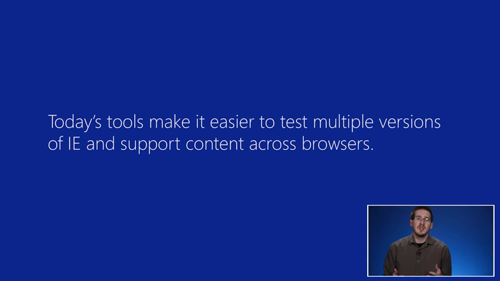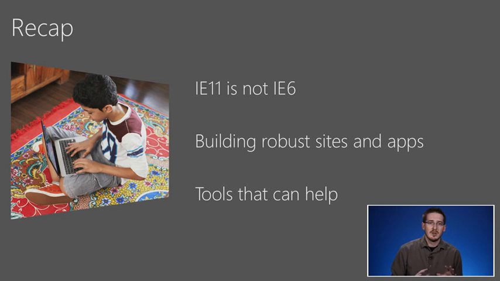Overall, what I want you to take away from Modern IE and Compat Inspector is that you do have tools available that make it much easier for you to test across multiple versions of IE and for you to support content that works well across multiple browsers and devices. So now we've gone from talking about how IE11 differs from IE6 and how the changes we've made in IE11 help more content take advantage of the latest standards behavior out of the box.